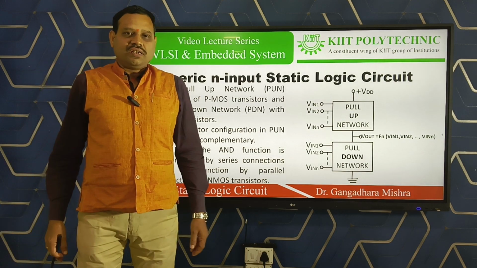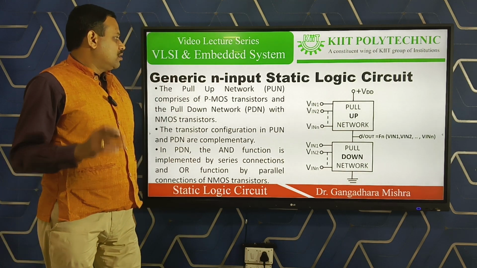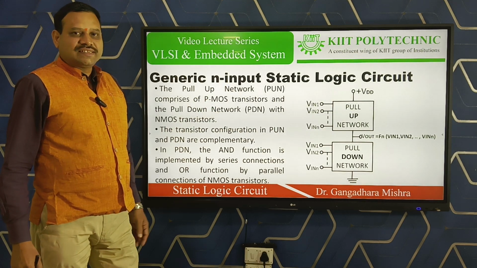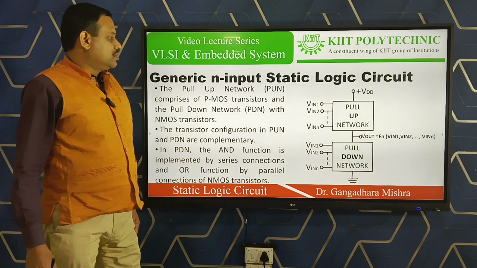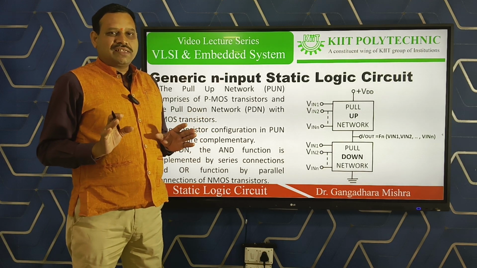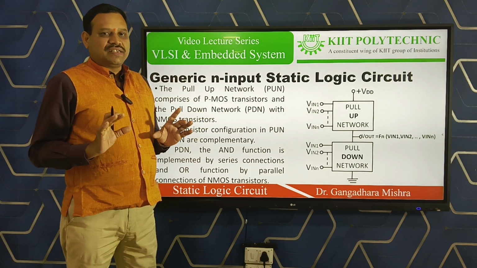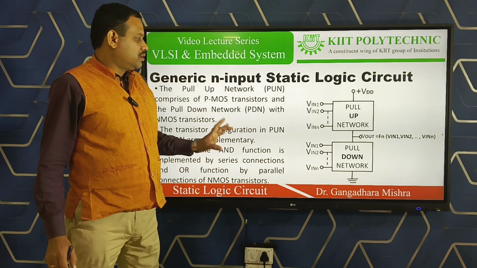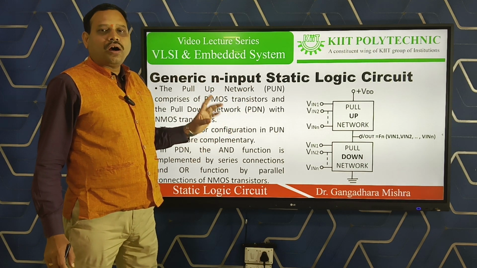First, we will see the generic circuit of a static logic. As we can see in the right side diagram, the static logic circuit comprises two segments. One is the pull-up network, second is the pull-down network. What is the pull-up network?